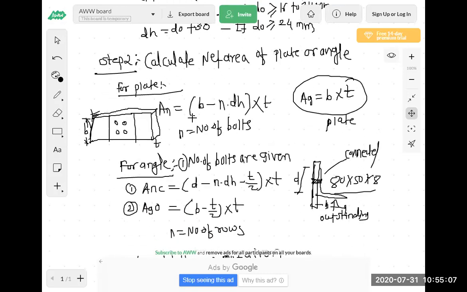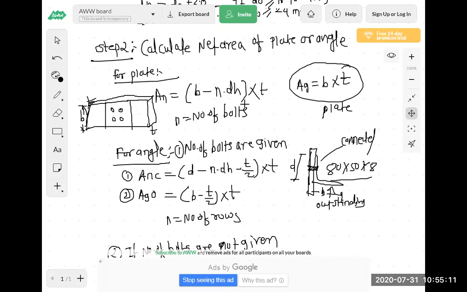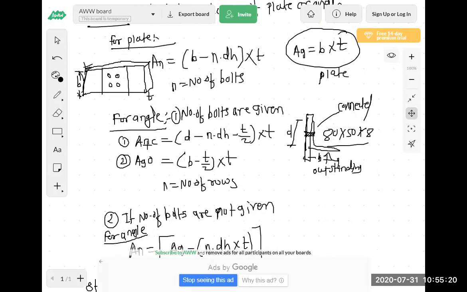Now step 2, calculate net area of the plate or angle section. So net area for plate, An is equal to this formula we have to use. And for angle, if we calculate the rupture strength, there are two formulas, one of beta and one of alpha.